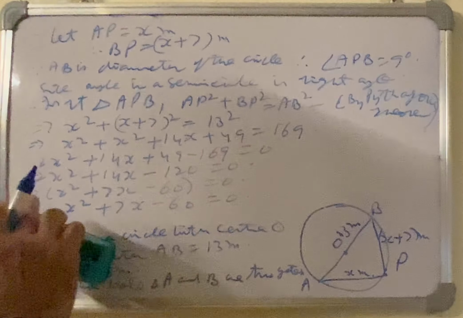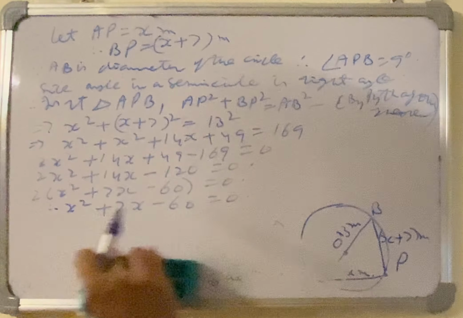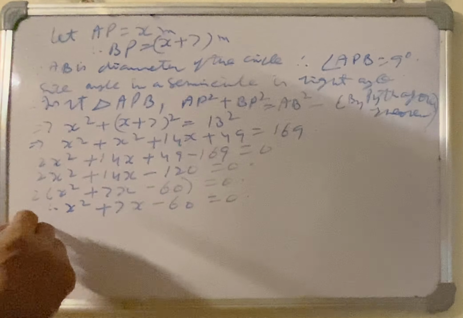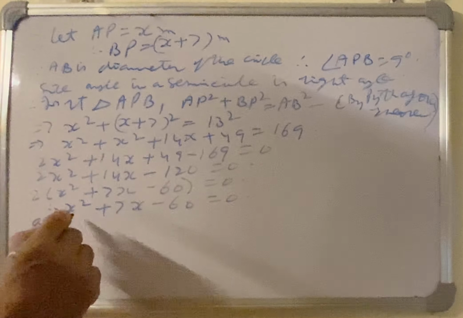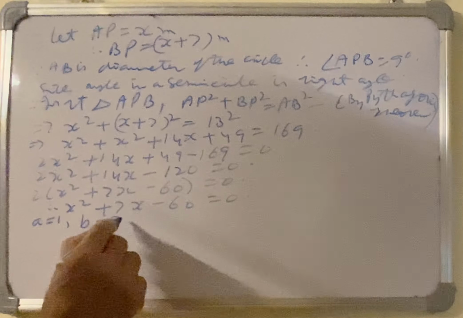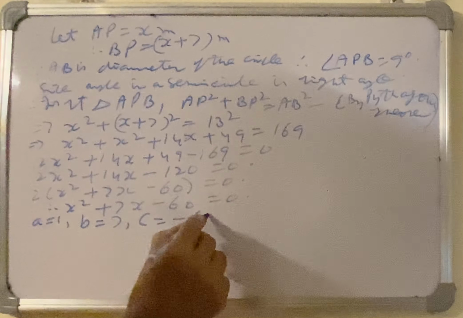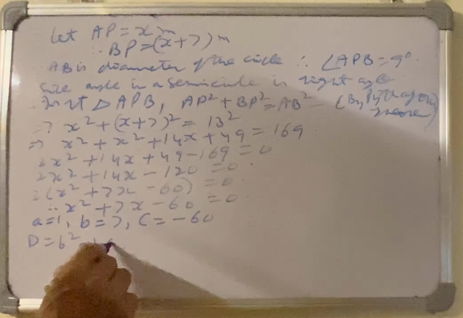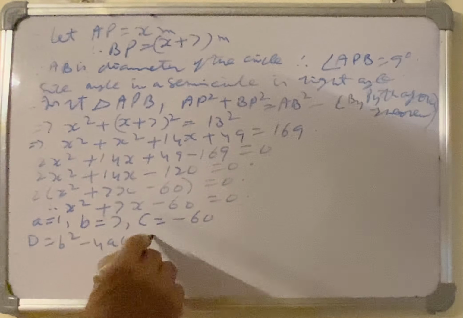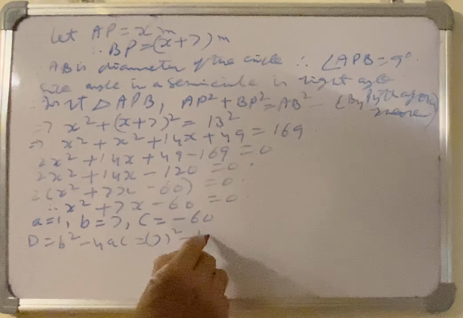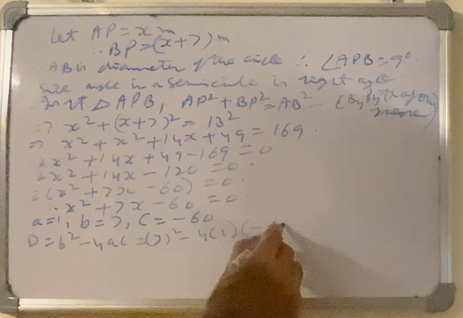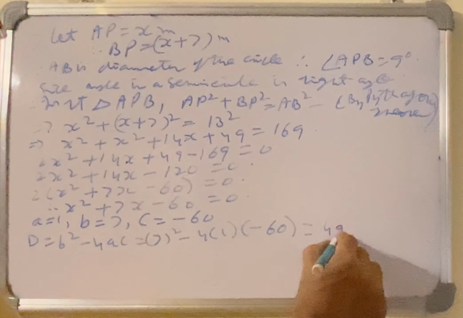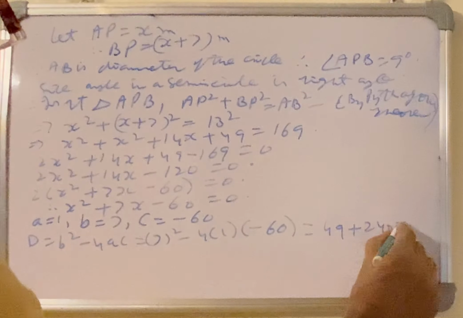Now we shall solve this. Here a is 1, the coefficient of x square, b is 7, and the constant term c is minus 60. Discriminant D is equal to b square minus 4ac, 7 square minus 4 into 1 into minus 60, is equal to 49 plus 240, which is 289.